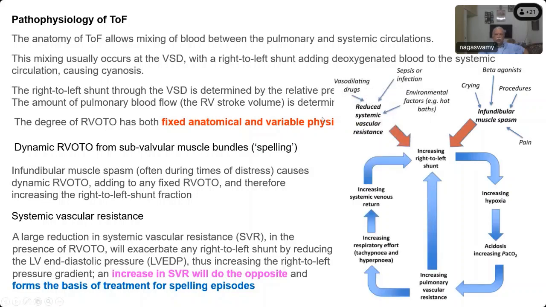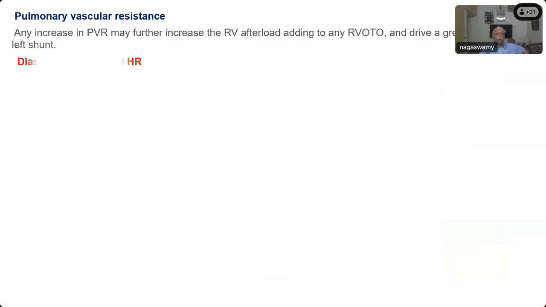This flow diagram tells you how it gets worsened. Reduced SVR and infundibular spasm increase the pulmonary vascular resistance. This goes on to cause more and more deoxygenation. Another factor is PVR. You must always balance the pulmonary vascular resistance with the systemic vascular resistance.